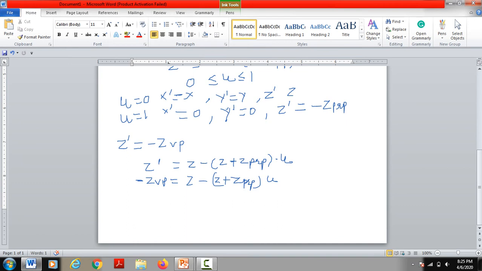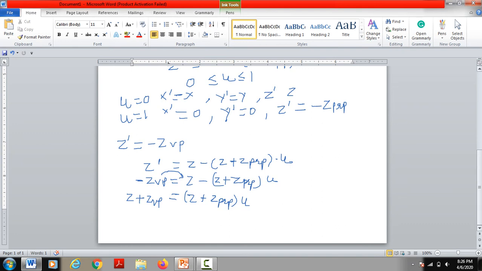Next it can be written as z plus zvp, moving this zvp to this side, is equal to (z plus zprp) into u.